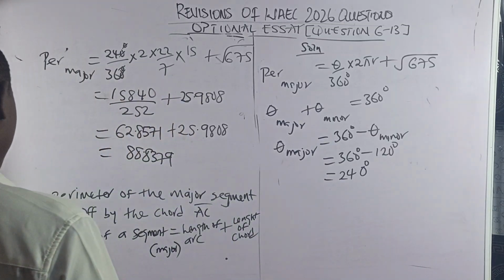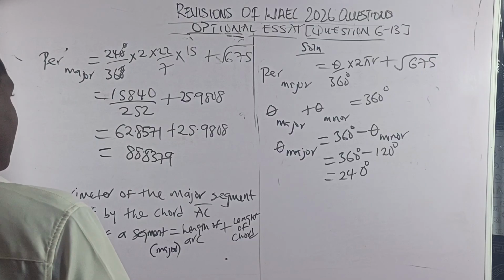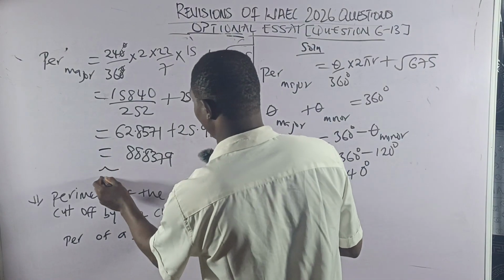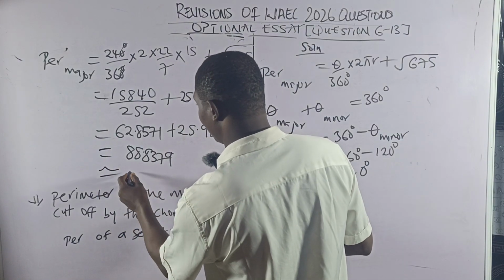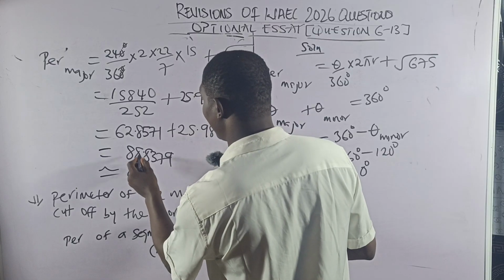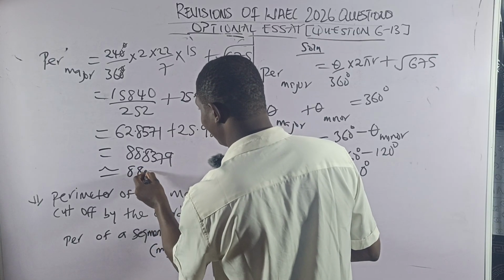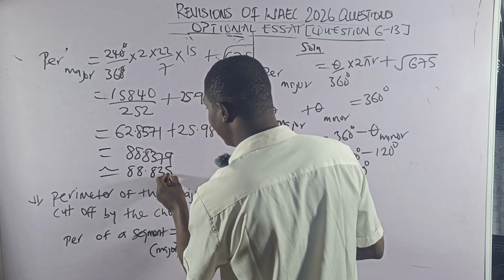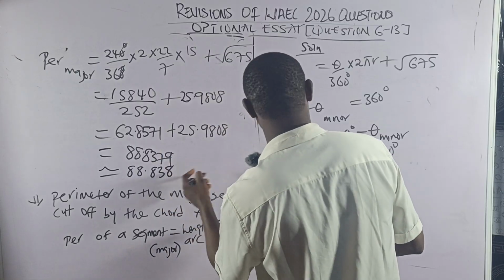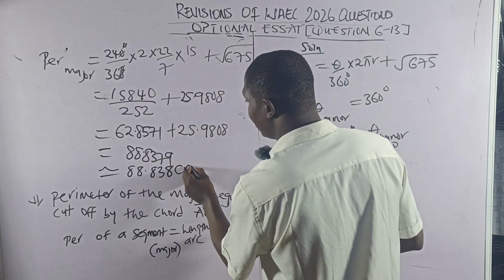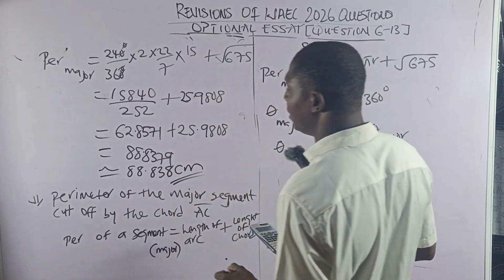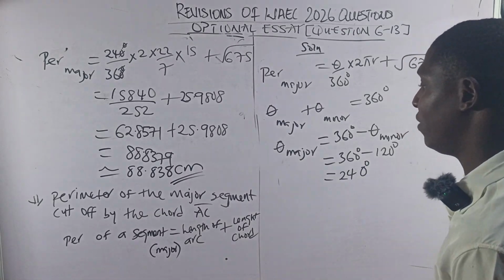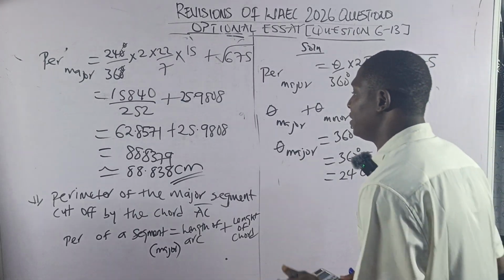Did they give any approximation? They didn't, so we can simply give it to 3 significant figures, 88.8. The perimeter is in centimeter since the values are in centimeter. So this is the perimeter of the major segment cut off by the chord AC.